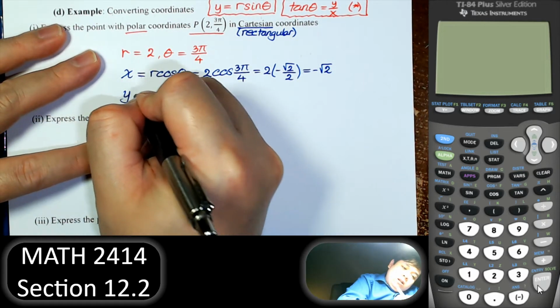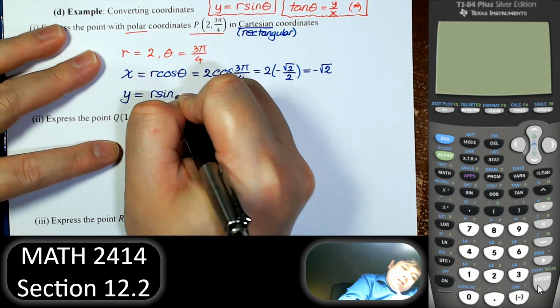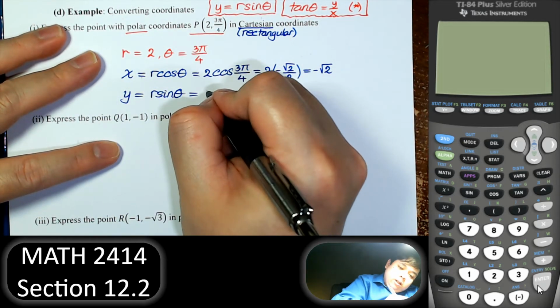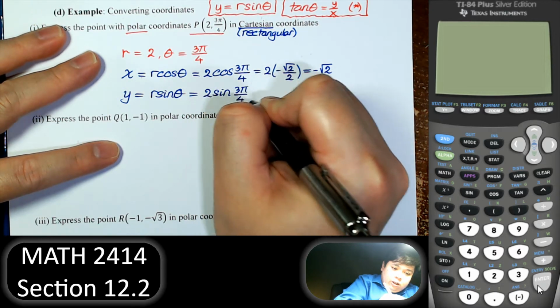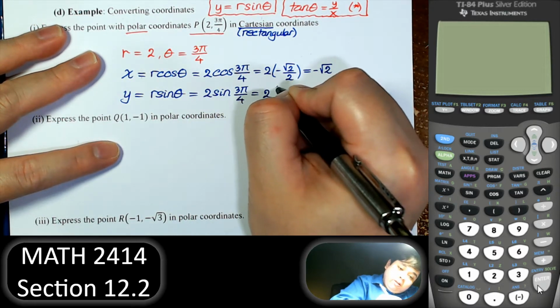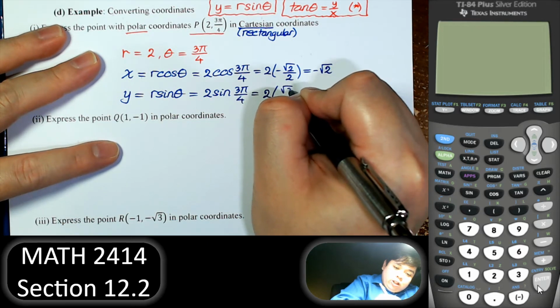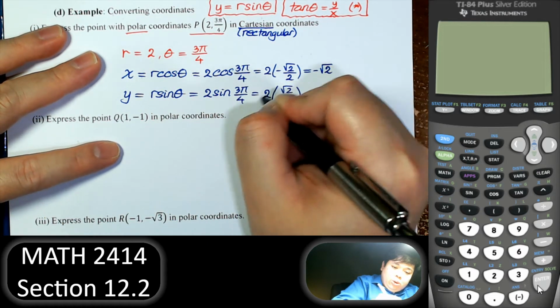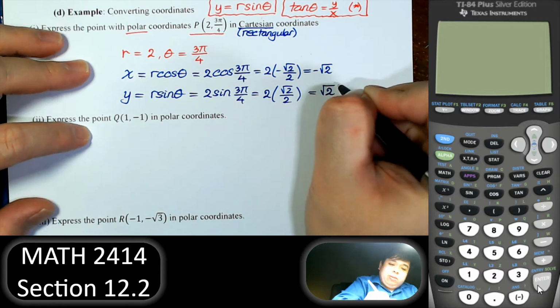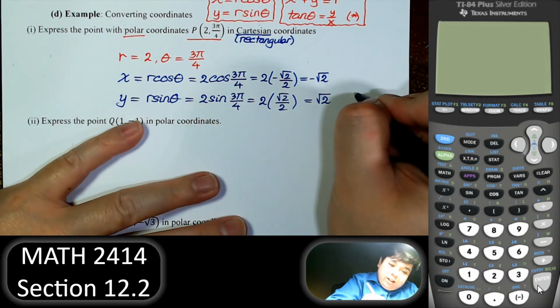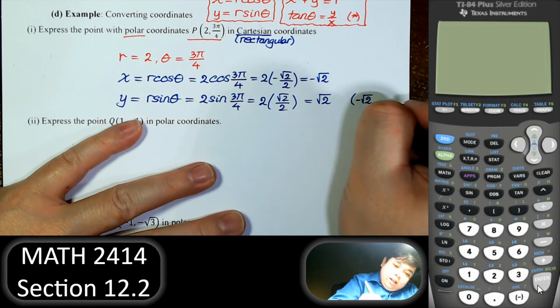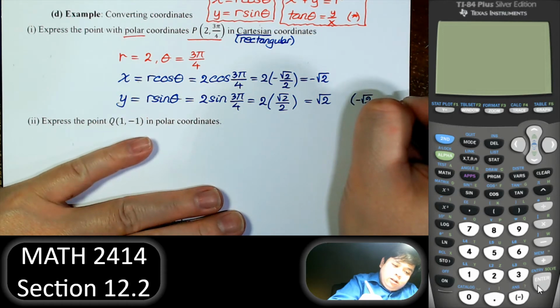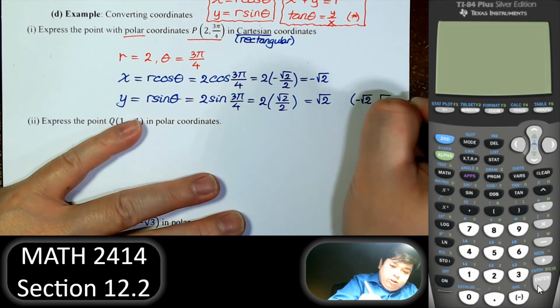And then y is r sine theta. 2 sine 3 pi over 4. Sine 3 pi over 4 is positive square root of 2 over 2. 2 and 2 cancel out, square root of 2. Right, so the point we have is x is negative square root of 2 and y is square root of 2.